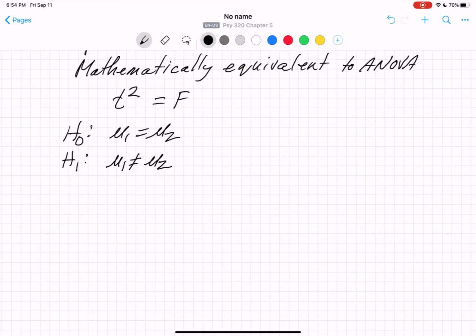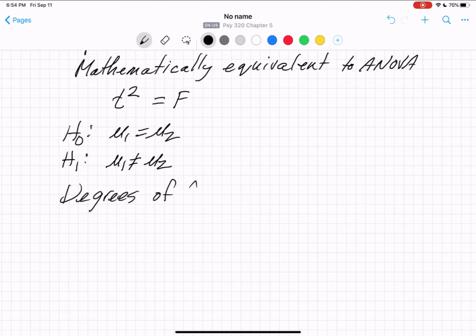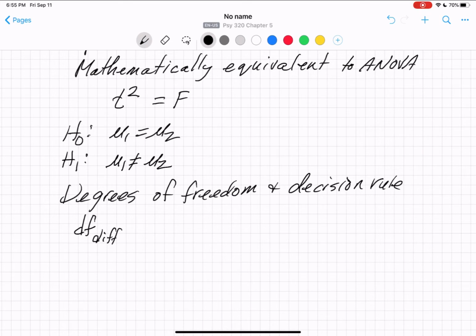All right, so now we're going to do degrees of freedom and our decision rule. Okay, so we only have one measure of degrees of freedom for t-test. And so it's called degrees of freedom for the difference.